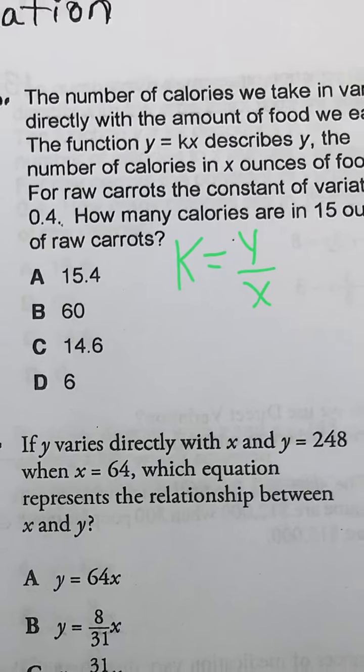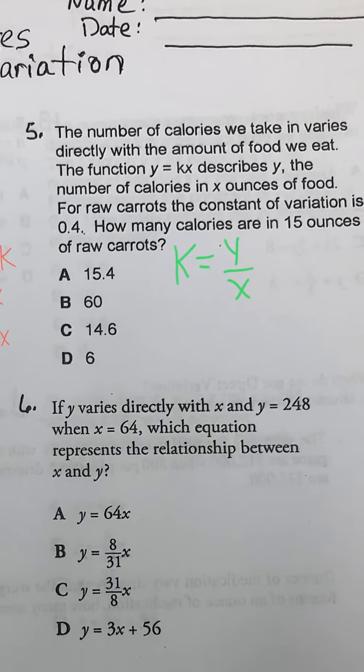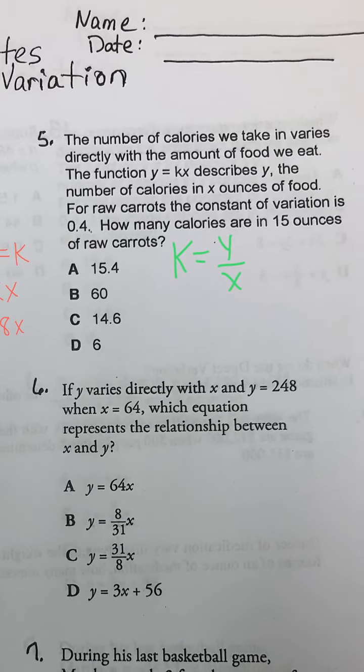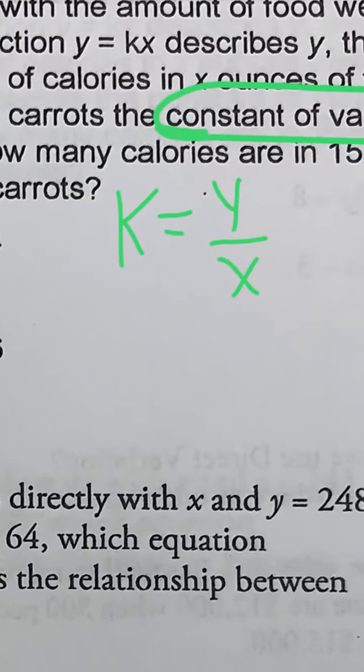Well, actually, I just realized that this problem is harder than the other ones because they tell you the constant of variation. This word is important because that means K. So here, what we need to do is set up an equation.